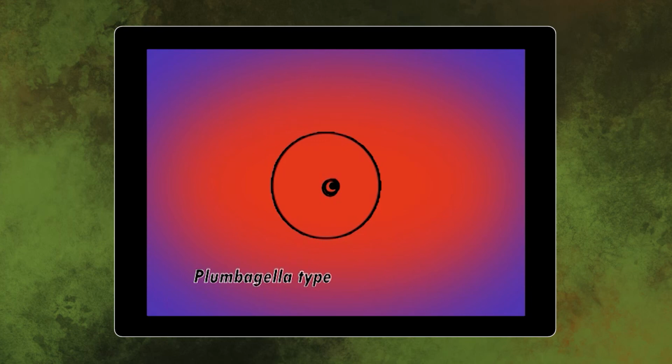The 2nd type of this is Plumbago type. After the nuclear fusion, by a single division of each nucleus, 4 nuclei are formed, 2 at the micropylar end and 2 at the chalazal end. One of the haploid nuclei at the micropylar end functions as the egg and the other one functions as the upper polar nucleus.